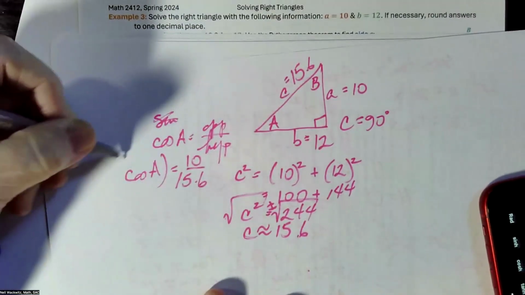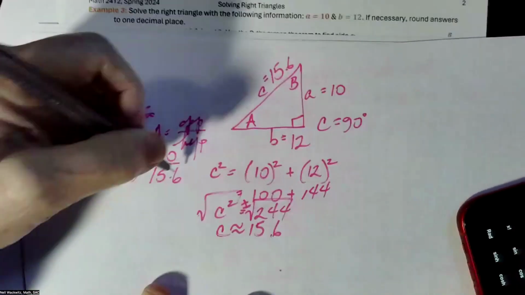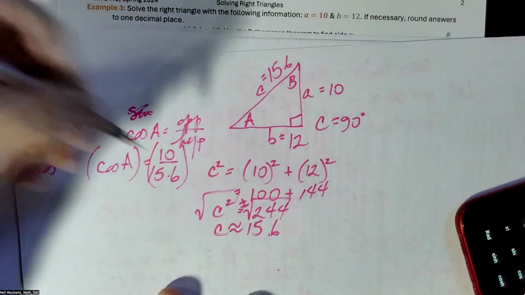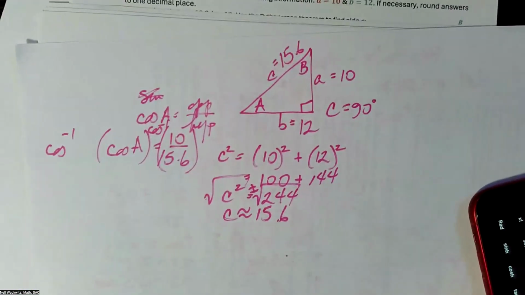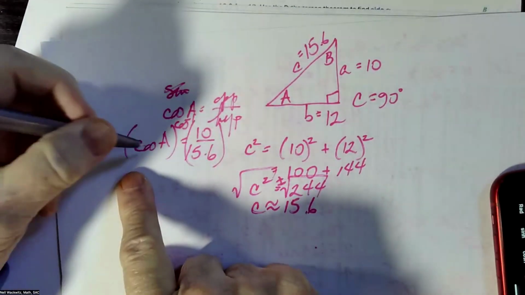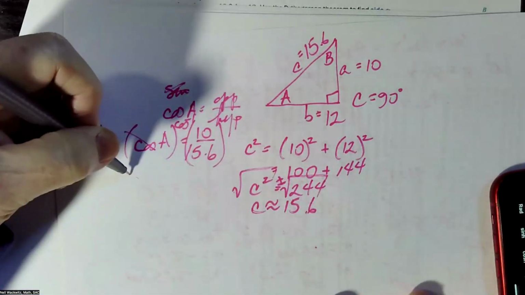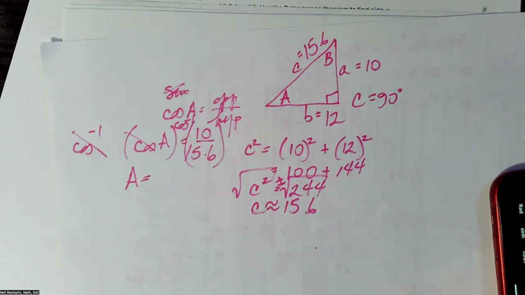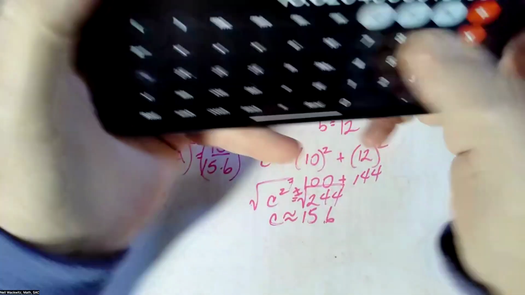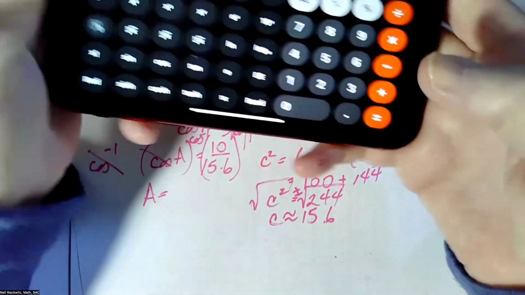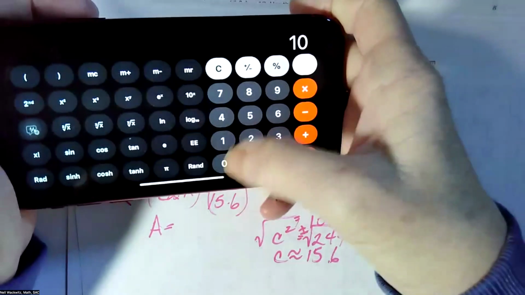We can take the inverse cosine of both sides, and inverse cosine of cosine cancels because A is positive. So we get A equals, and we have 10 divided by 15.6.